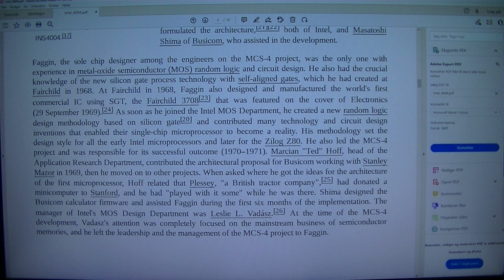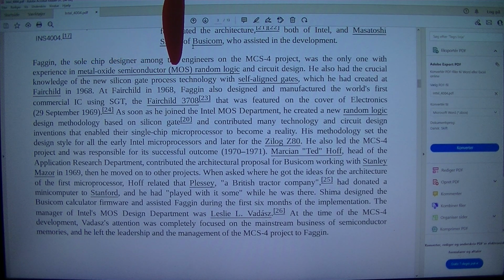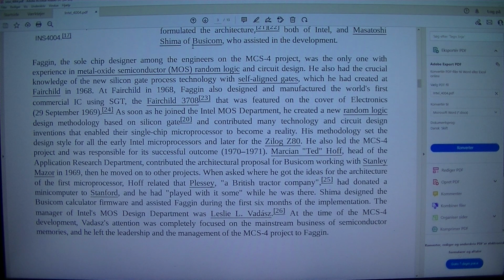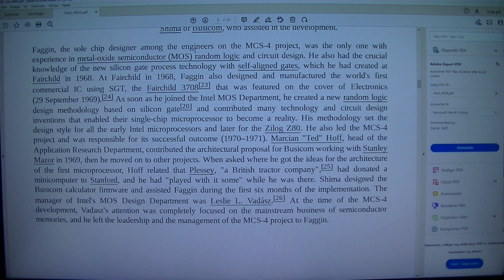Faggin, the sole chip designer among the engineers on the MCS-4 project, was the only one with experience in metal oxide semiconductor, MOS, random logic and circuit design. He also had the crucial knowledge of the new silicon gate process technology with self-aligned gates, which he had created at Fairchild in 1968.